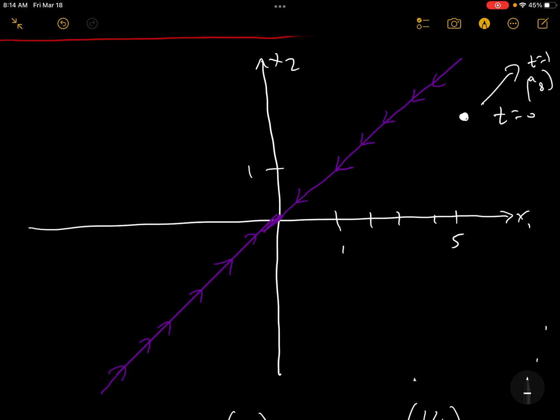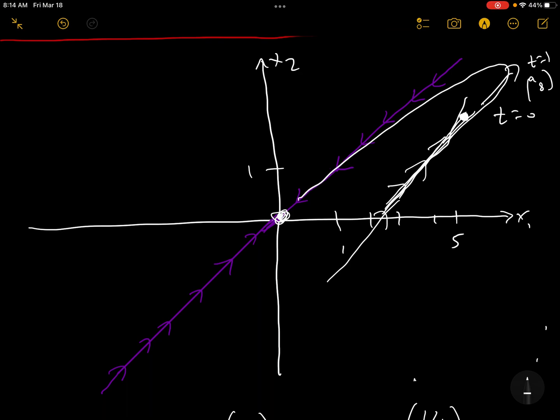So here's the thing, and here's the cool part. As I'm going to infinity, I'm going in this direction. But as I get close to infinity, I have to come back to the origin. So what happens is this guy goes up and comes back around like that.